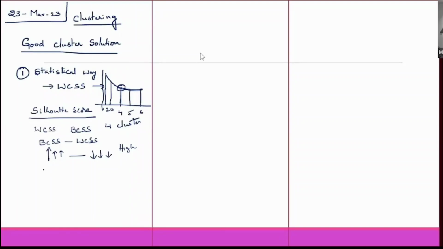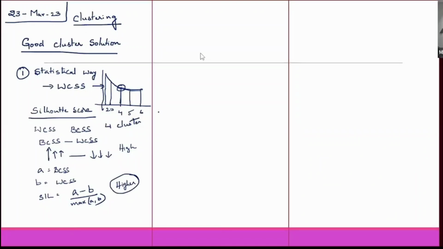Normally, let's say A is the between cluster sum of squares and B is the within cluster sum of squares. Then typically the Silhouette width is taken as A minus B divided by the maximum of A comma B. So the higher the Silhouette width score, the better that solution would be.